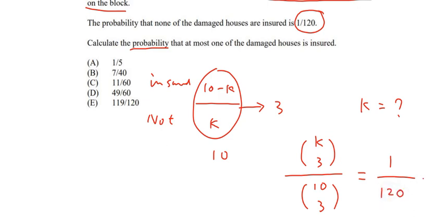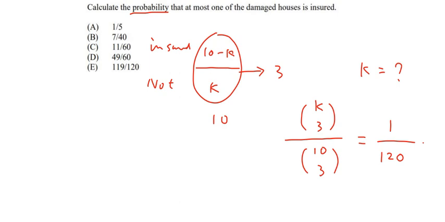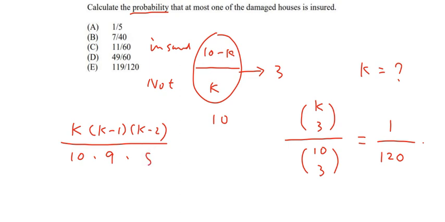So we just solve this equation. So this becomes K times K minus 1, K minus 2, and here is 10 times 9 times 8. So we let this equal 1 over 120.